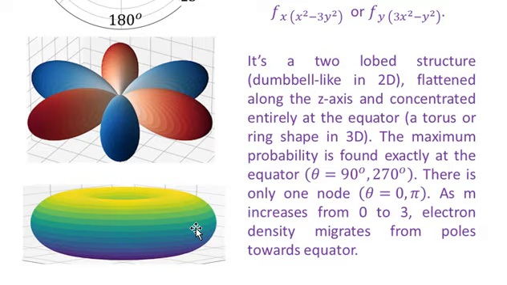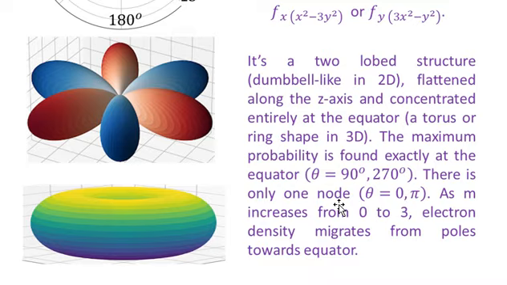If you move away from the center, the probability will vary, but of course it is uniformly located about the center. So the maximum probability is found exactly at the equator.